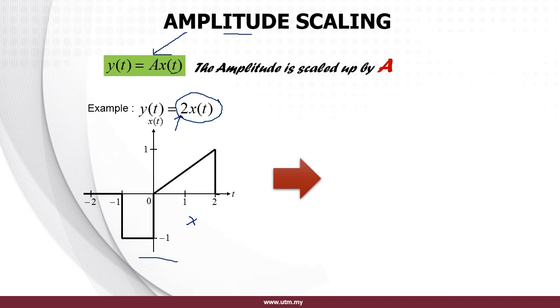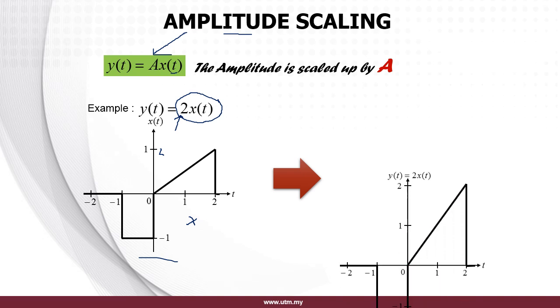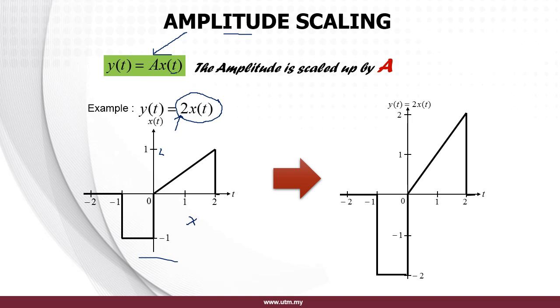So 1 becomes 2, and negative 1 becomes negative 2, but there's no change for t. So now the signal is scaled up in amplitude only.